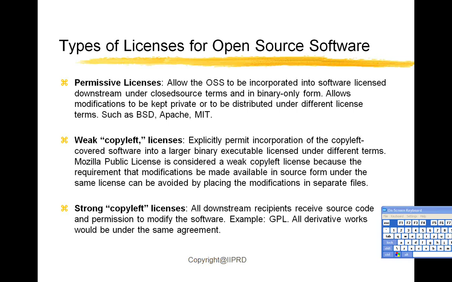A permissive license allows the open source software to be incorporated into software licensed downstream under closed source terms and in binary form only. So in permissive licenses, all the modifications can be kept private if desired by the copyright owner.